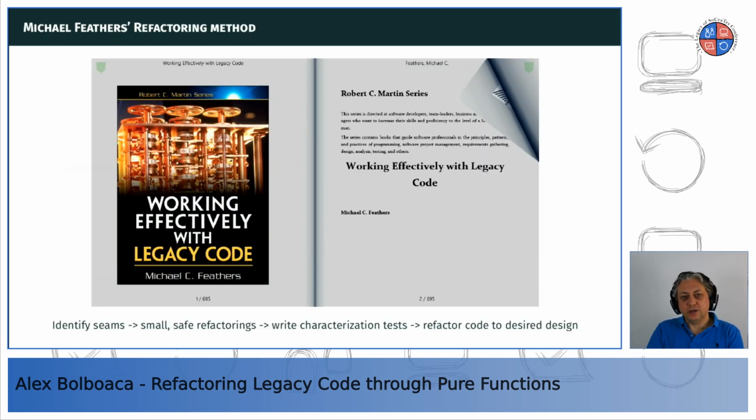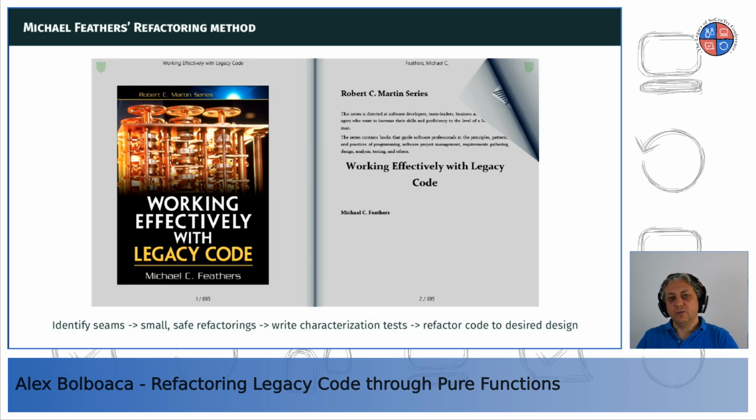The other method that we know is, of course, Michael Feathers' method, which is more complicated than that, but it basically says we identify seams, we do some safe refactorings to exploit those seams, we write some characterization tests on those seams, helping ourselves from those seams.